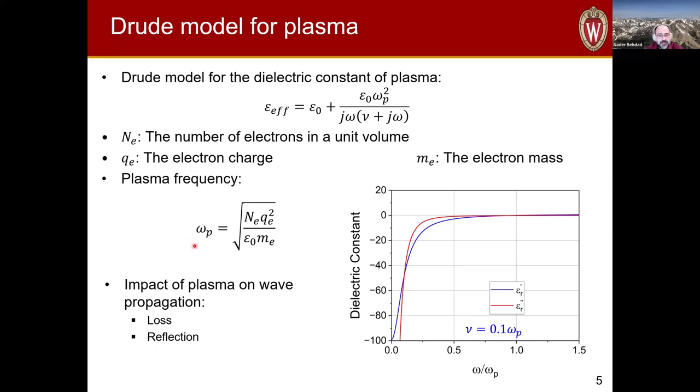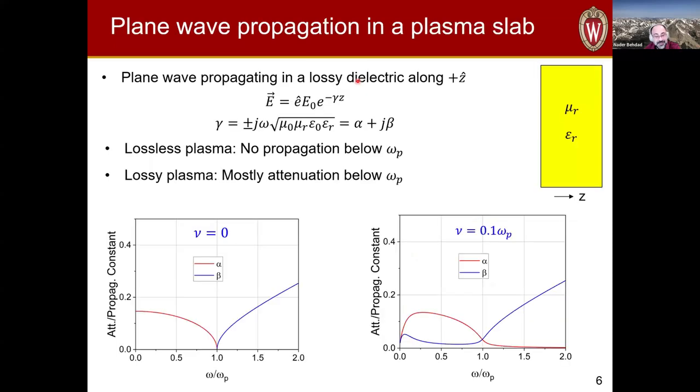If you plot the real and imaginary parts of this function, for a collision frequency that's about a tenth of the plasma frequency, you get a dielectric constant like this. The key point is that if you're working below the plasma frequency, the dielectric constant of this medium is negative. This is quite important because this impacts how electromagnetic waves propagate in this plasma.